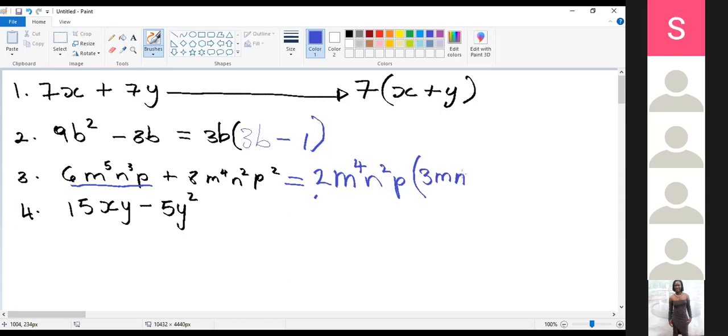And then p goes into p, leaves you with what? P. No, p going into p can't leave you with p. Right, so p going into p leaves you with? 1. Leaves you with 1. So we don't need anything right there. All right.